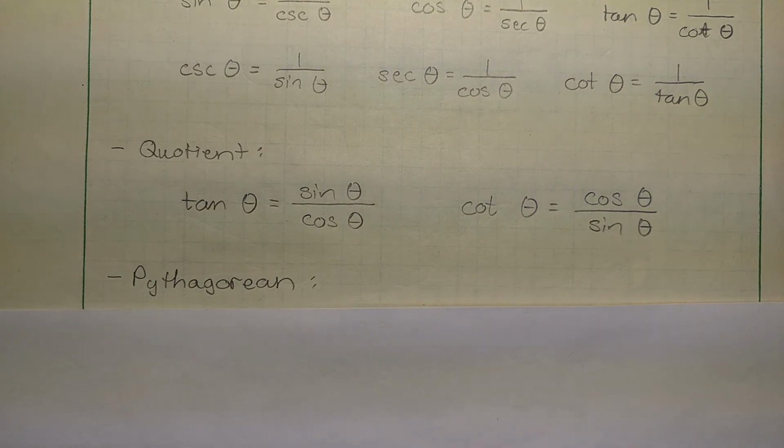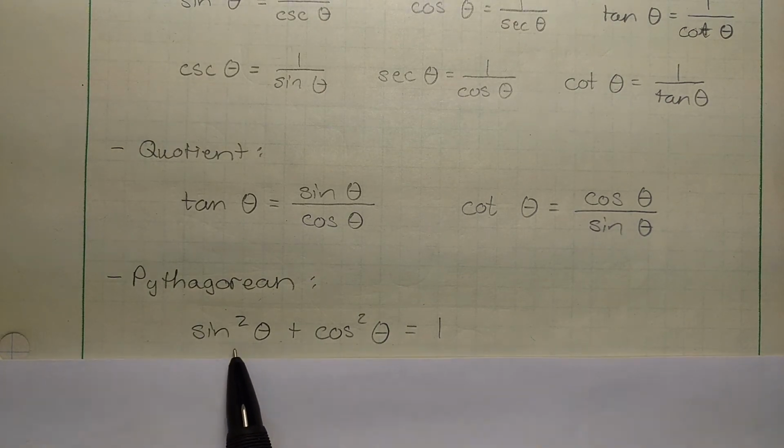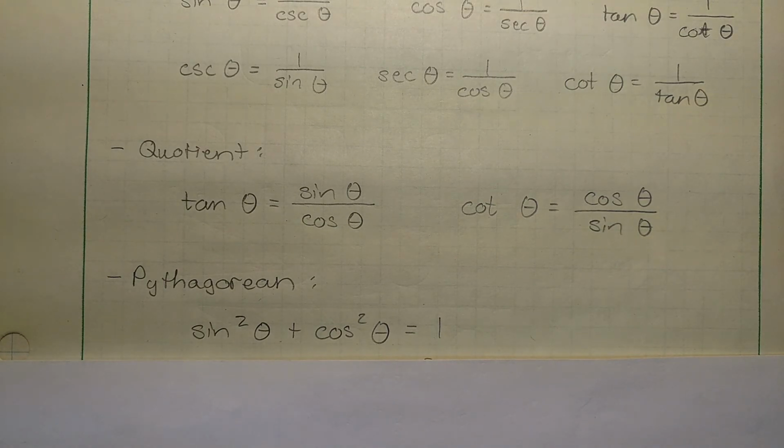All right, so our Pythagorean identity, we have the sine squared plus the cosine squared equals 1. And we have two other forms of this. Notice this has sine and cosine. It does not have tangent. How could I get tangent?